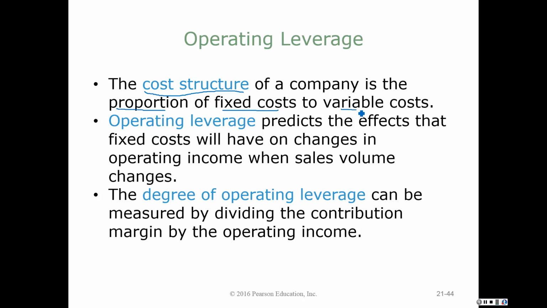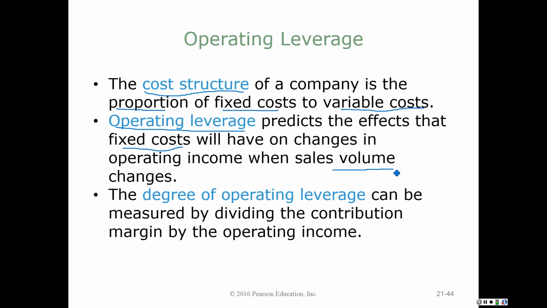Our fixed costs are usually very expensive, and as we said, they do not change with volume, so I need a significant amount of volume to cover the fixed costs, but once they're covered, everything else is profit. So when we're looking at our cost structure, we can use operating leverage to predict what impact these fixed costs are going to have if volume changes.